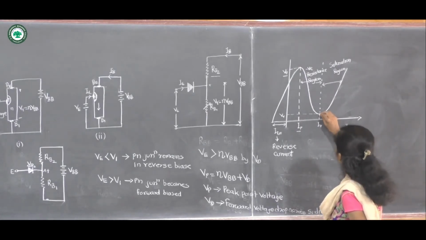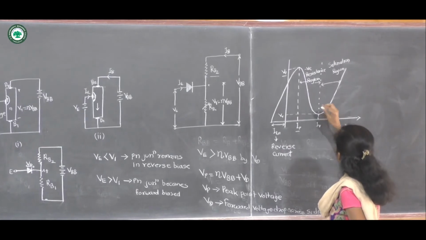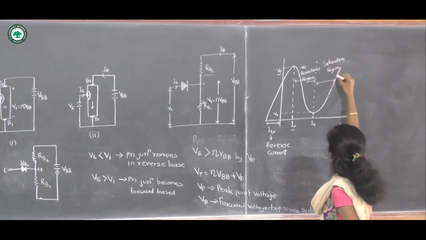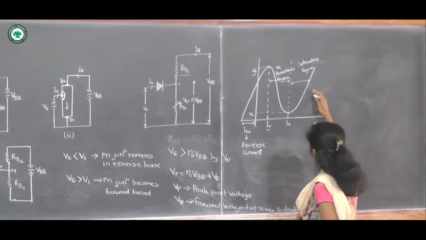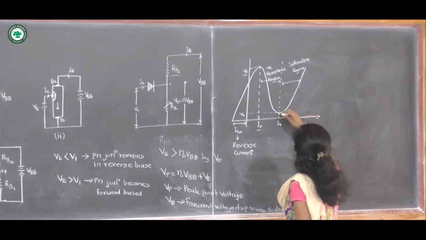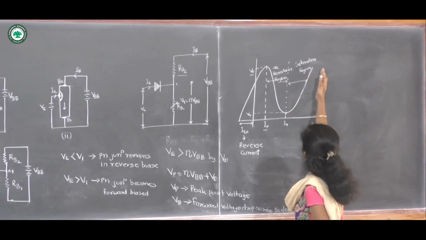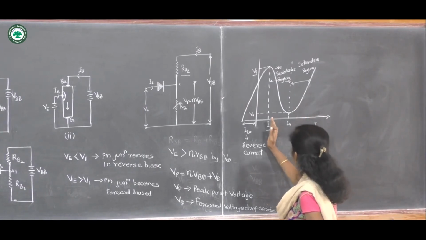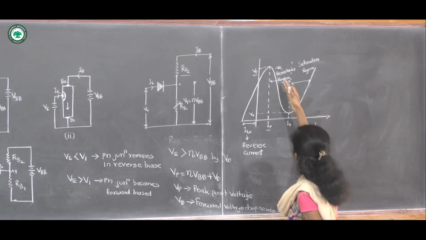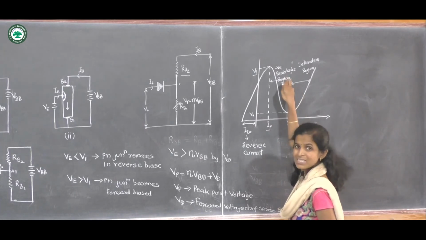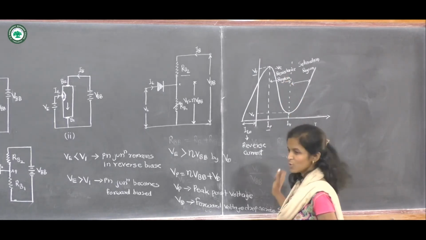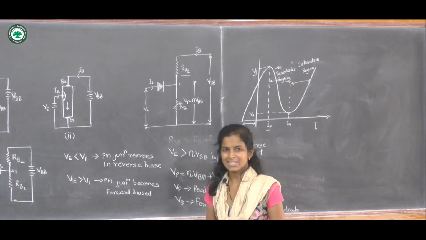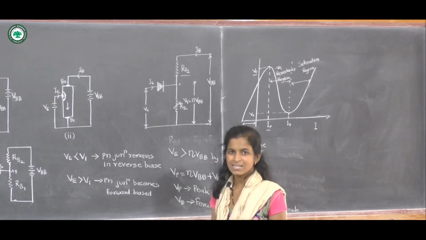After this valley point, the current increases suddenly, and this region is called the saturation region, and the region between the peak point and valley point is called the negative resistance region. So this is all about the IV characteristic of unijunction transistor.